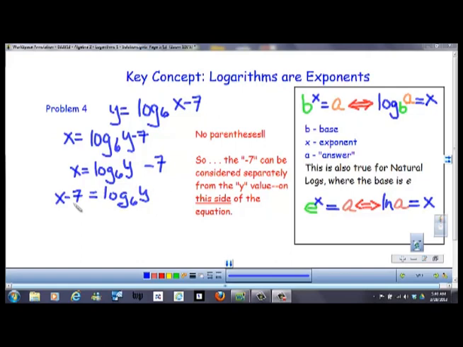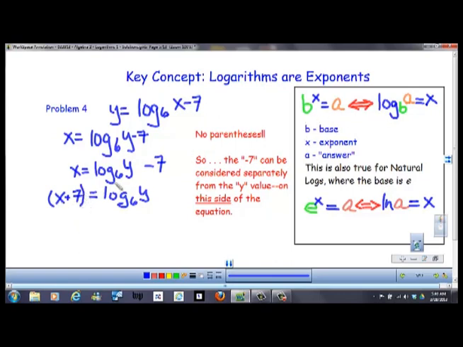When we get to the other side of the equation, after we have added 7 to both sides, what we need to realize is that this over here is the exponent. That's our basic rule.